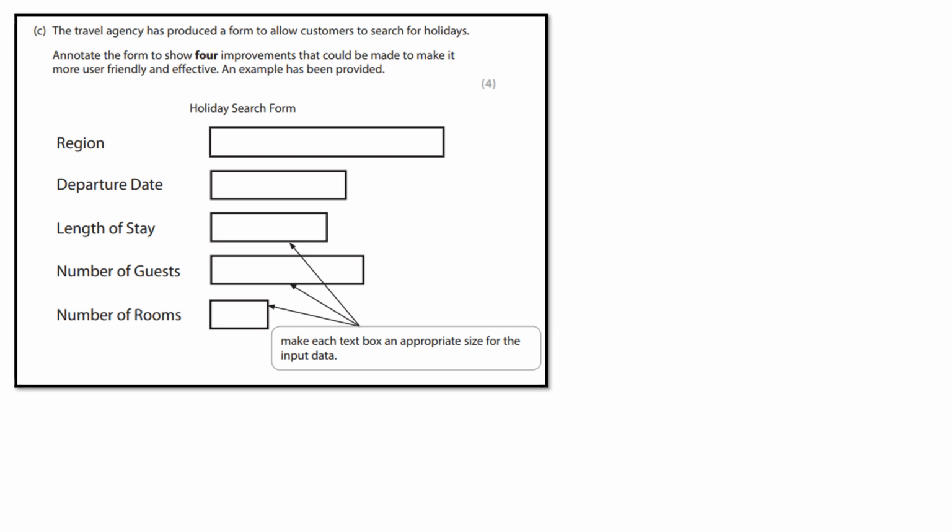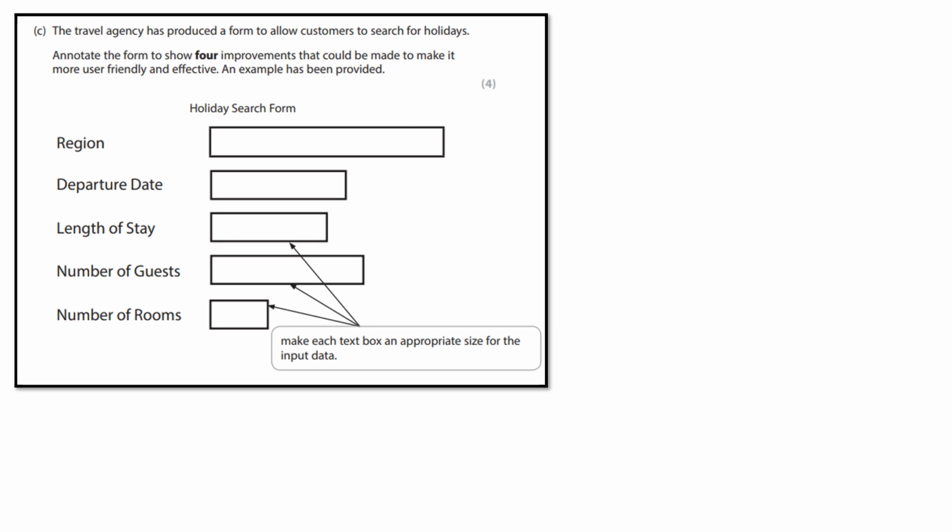Sometimes you get asked to add things to the system. This one is talking about 4 improvements, and in this case it just says user friendly and effective, so it doesn't necessarily need to be for inclusivity or accessibility, just in general, how can we make it more user friendly.